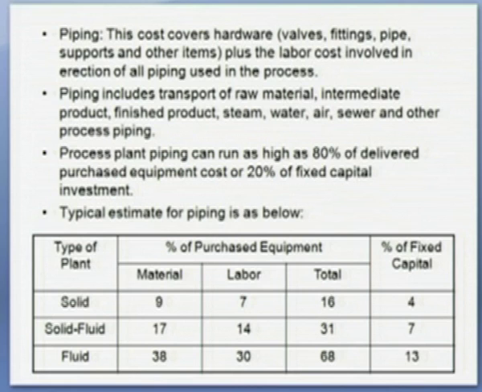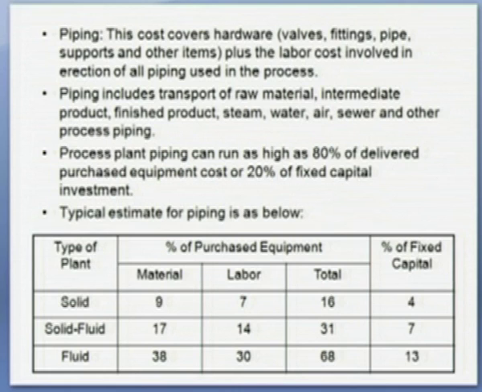Then the cost of building. It is the cost of building plus services, depending on the type of process plant, and consists of expenses for labor, materials and supplies involved in erection of all buildings connected with the plant, plus the cost of plumbing, heating, lighting, ventilation and similar building services.